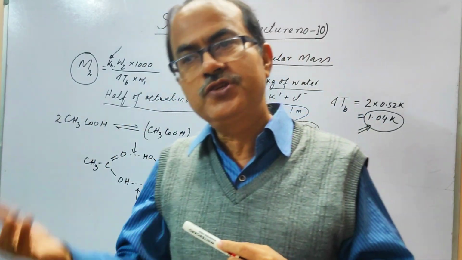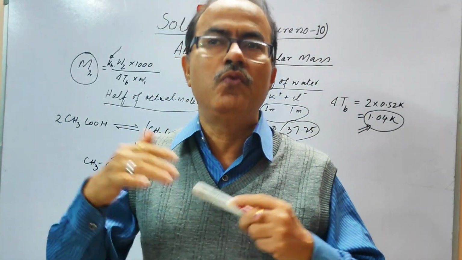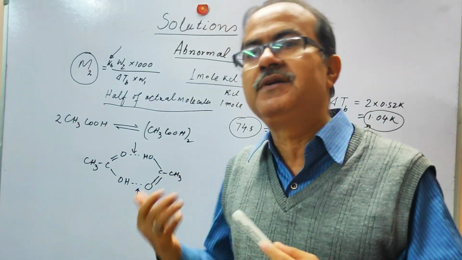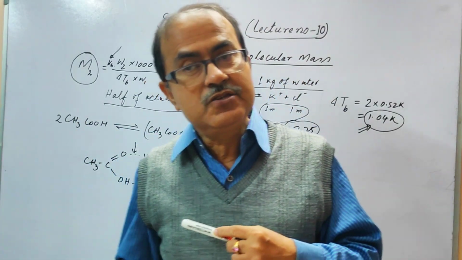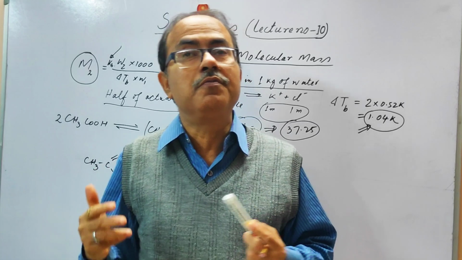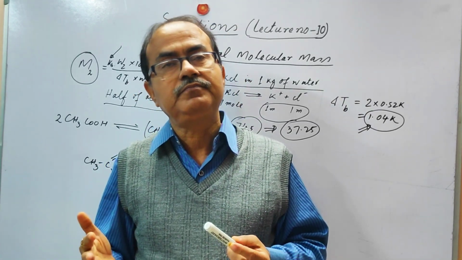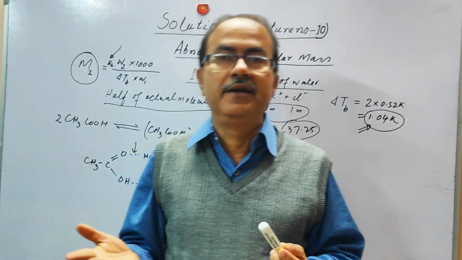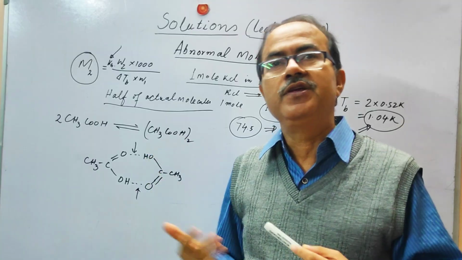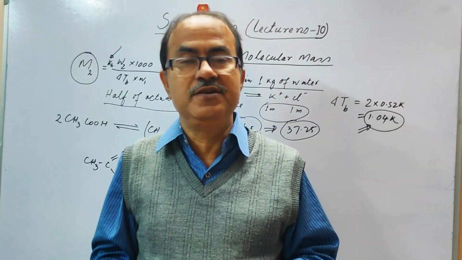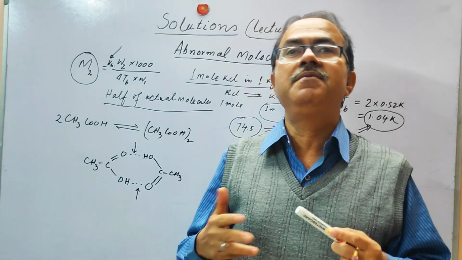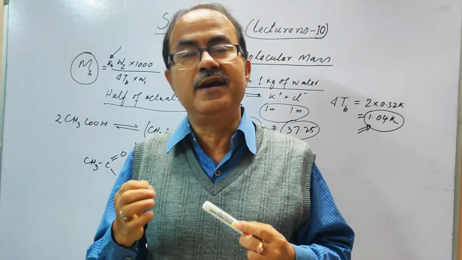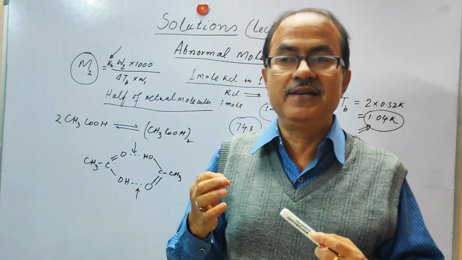In case of dissociation, it will show a lower molar mass, which we observe in case of KCl, and in case of association, we observe a greater molar mass, in case of ethanoic acid or benzoic acid, you can see. So this is a very, very important thing that we need to understand.